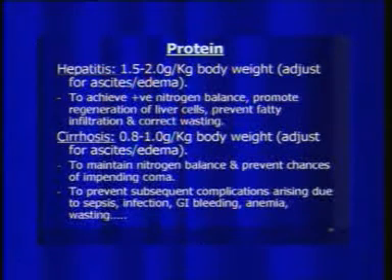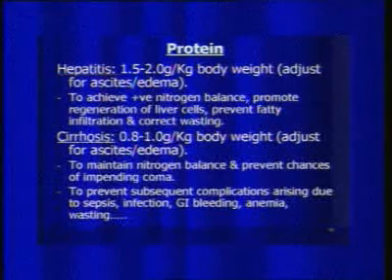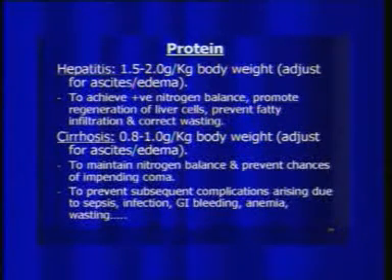Thus, to maintain nitrogen balance and prevent chances of impending coma, as well as to help the patient in recovering from certain degenerative changes occurring in the body such as sepsis, infection, GI bleeding, anemia, wasting, we need to provide some amount of protein.